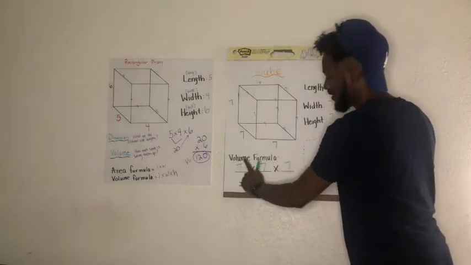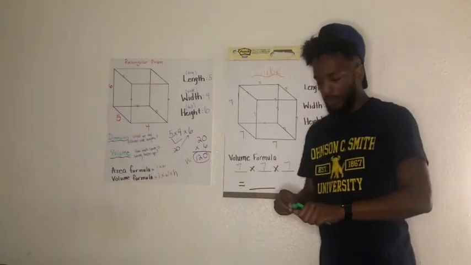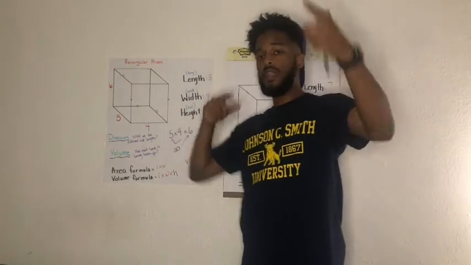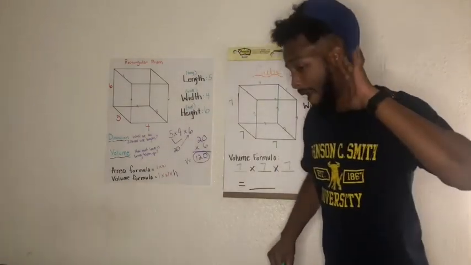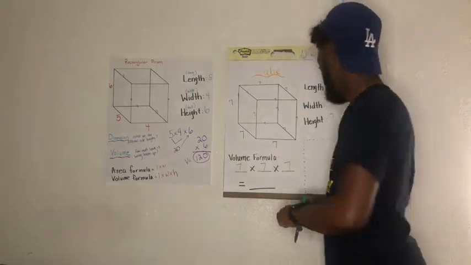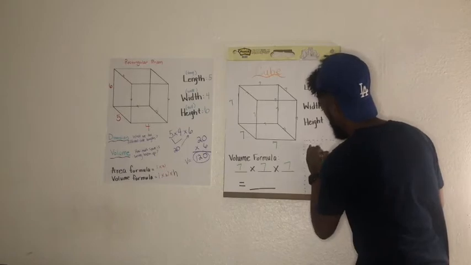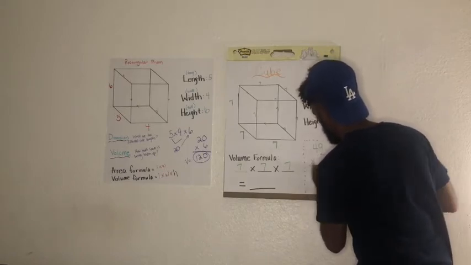So we got 7 times 7 times 7. Using our multiplication, or our times table, we know automatically that 7 times 7 is 49. Now I've got 49 times 7. All right?